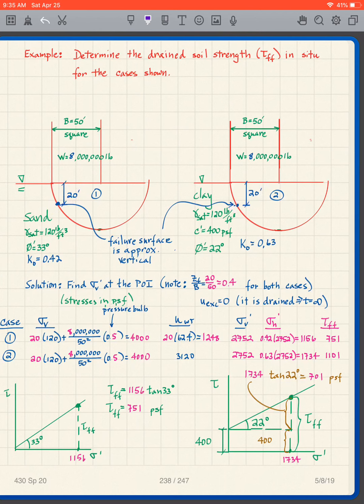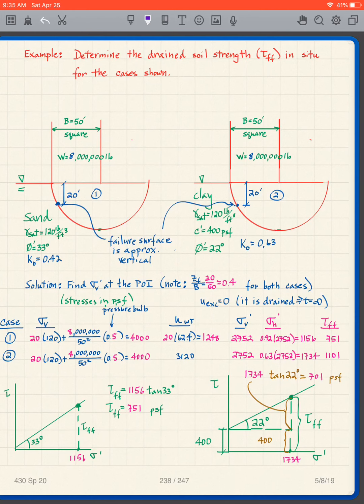soil shear strength there. Well, if you look here, in both cases, the failure surface is approximately vertical. Now I have a vertical failure surface, and down here the failure surface is horizontal. Over here the failure surface is vertical, so how does that affect my tau FF?